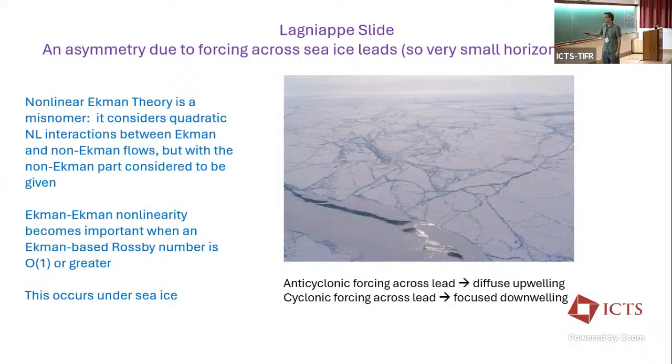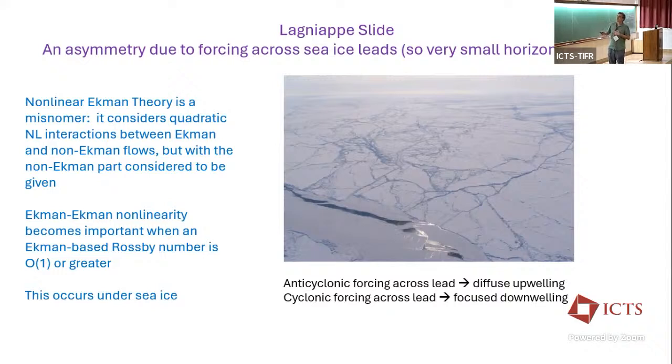This might be 10 meters across or something, sometimes it's close enough you can just sort of hop over it, right? And so the stress might be weak, right? But the horizontal derivative of the stress is huge, right? Because the scale is small. So my Ekman nonlinearity is going to be important here.